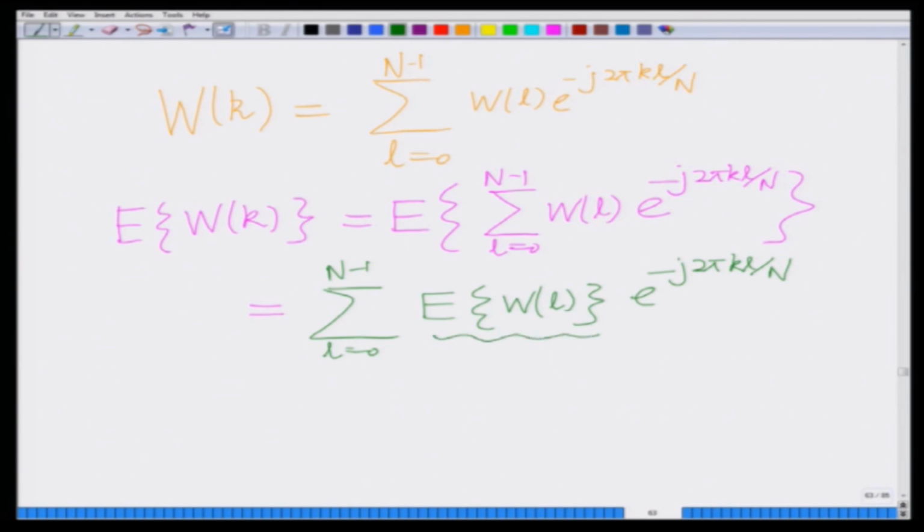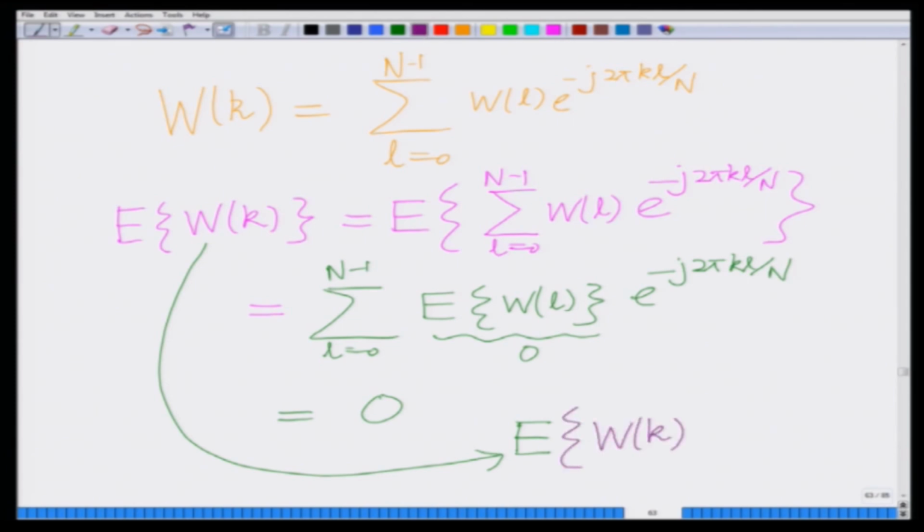Now, since the expected value of each w(l) is 0, this whole quantity is 0, which means the expected value of each capital W_k is 0.